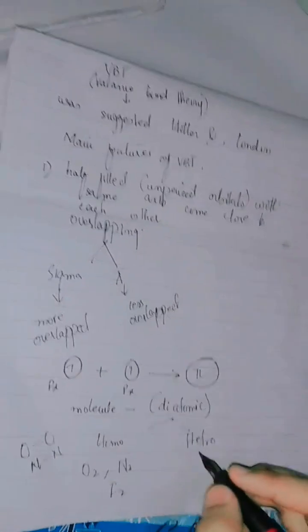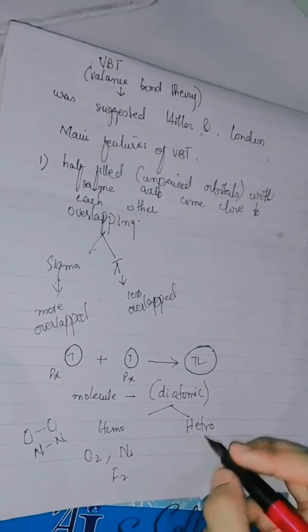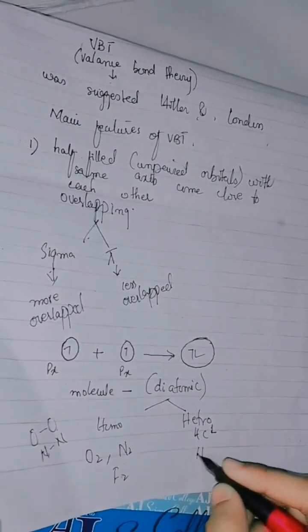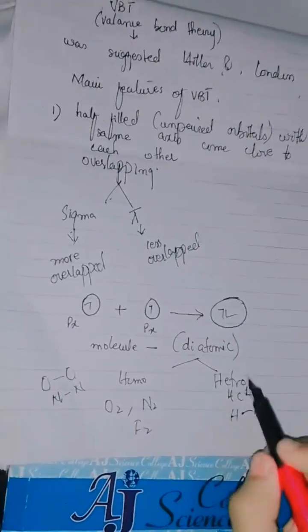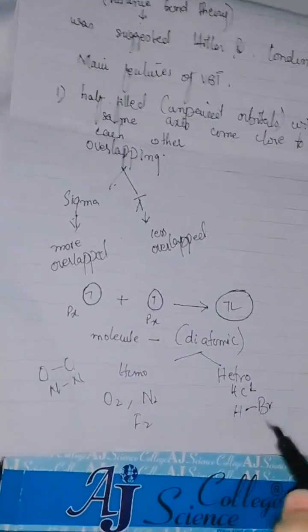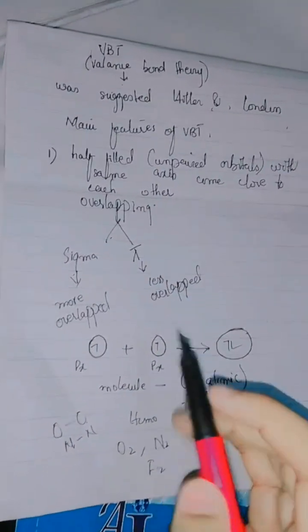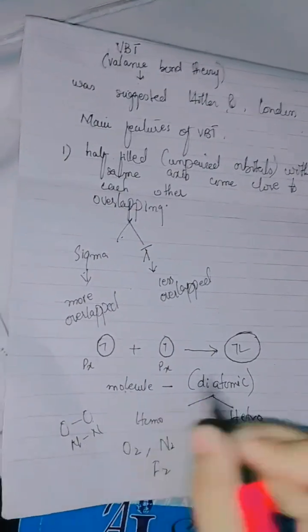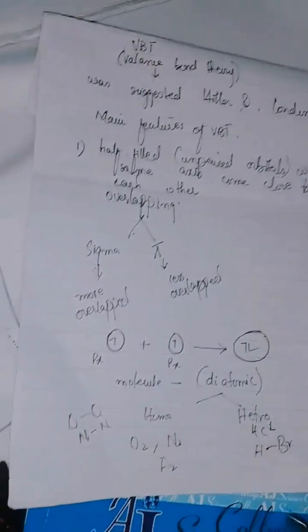And heteromolecules like HCl, hydrogen bromide, meaning different atoms. So VBT theory can apply on diatomic molecules, homo as well as hetero.